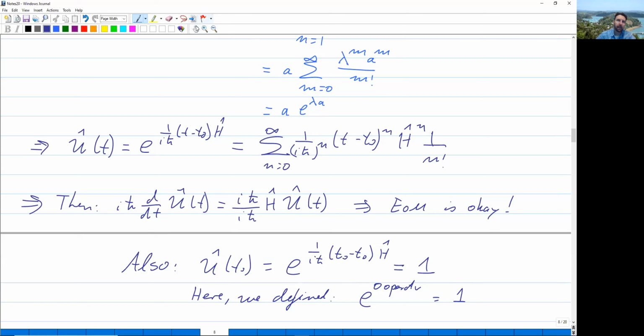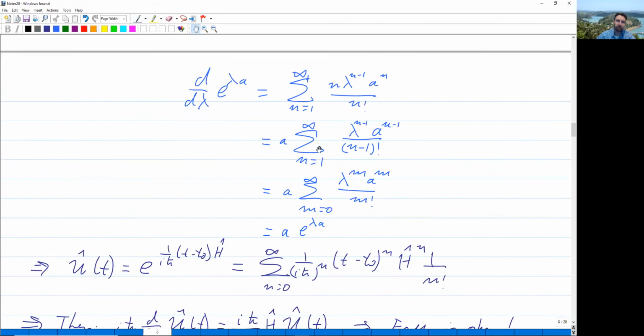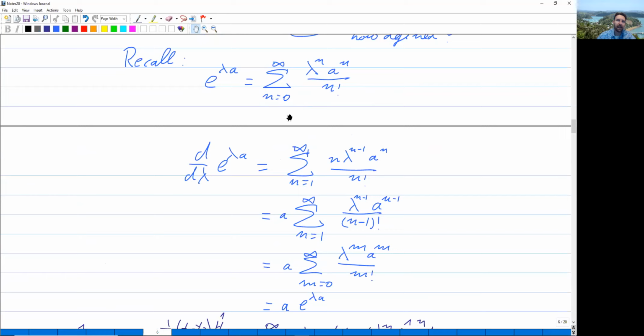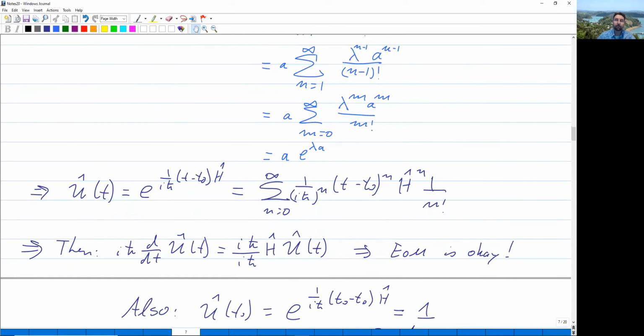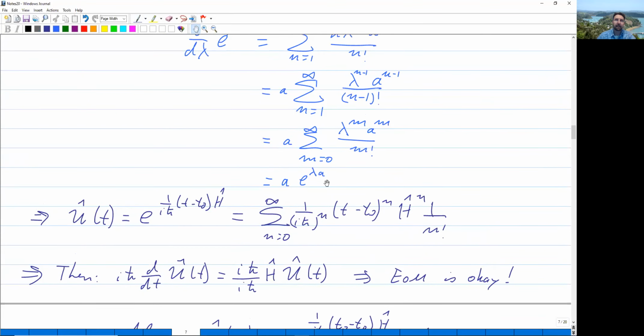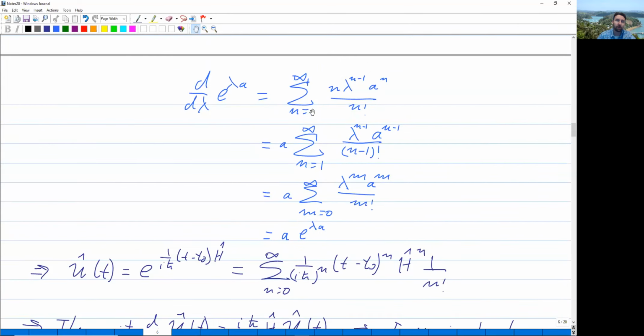And remember this calculation in blue here? We needed, at this point, that the n equals 0 term is going away, because we had a constant here as the n equals 0 term. That's fine if we define this, still true. And we needed that the lowest order term, the n equal 1 term, becomes the m equals 0 term. So we needed that the m equals 0 term, which is a to the power m, in our case it's going to be H hat to the power m, is going to be H hat to the power 0.